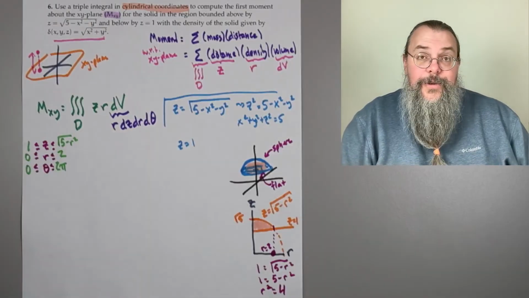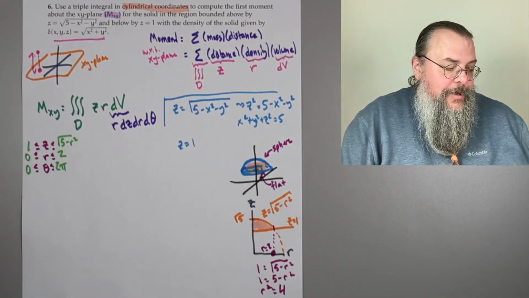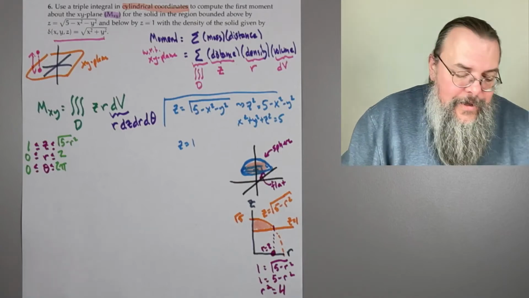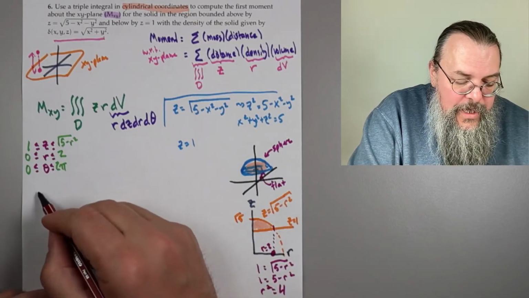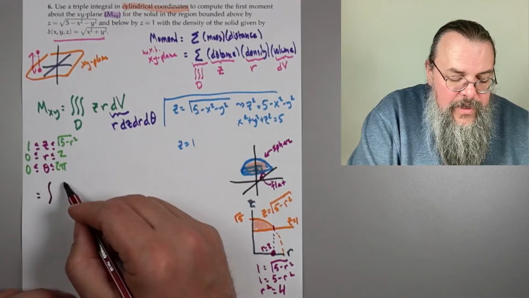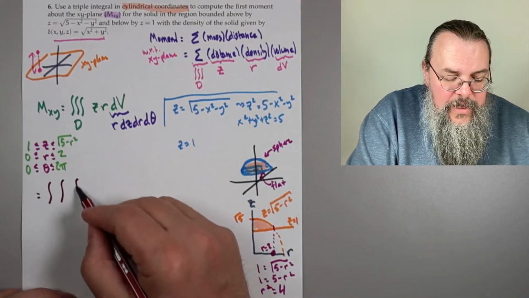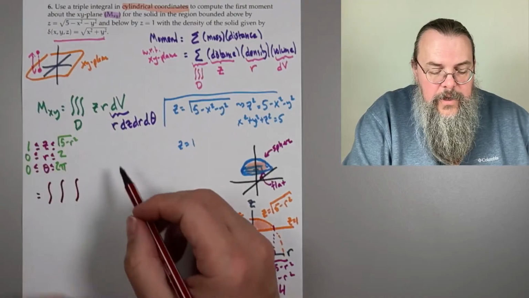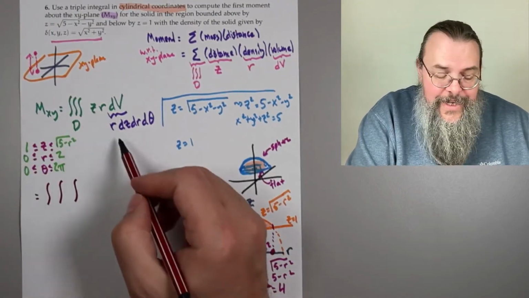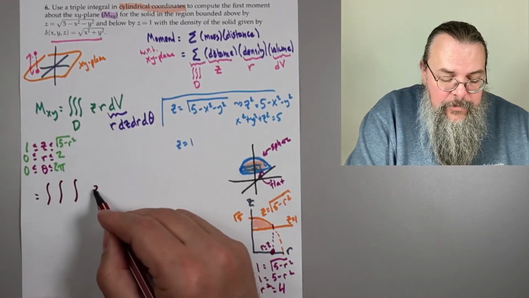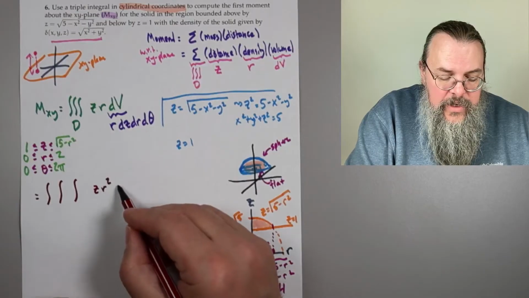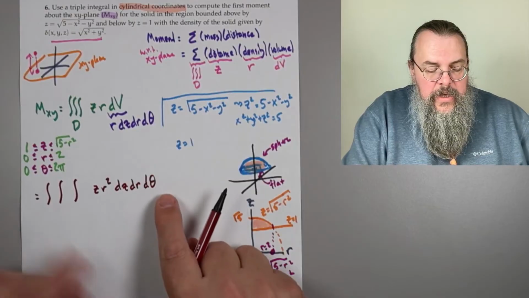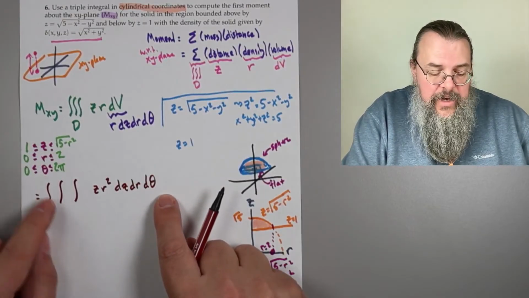All right, putting this together, we now have the following. This is going to be equal to the integral, integral, integral of zr dV. The r's are going to combine, so we'll write that as z r squared dz dr d theta, and then use the information here to fill in the bounds.